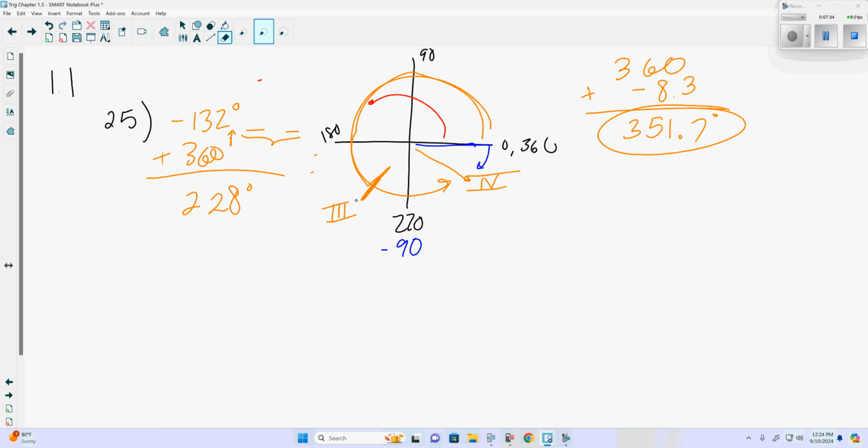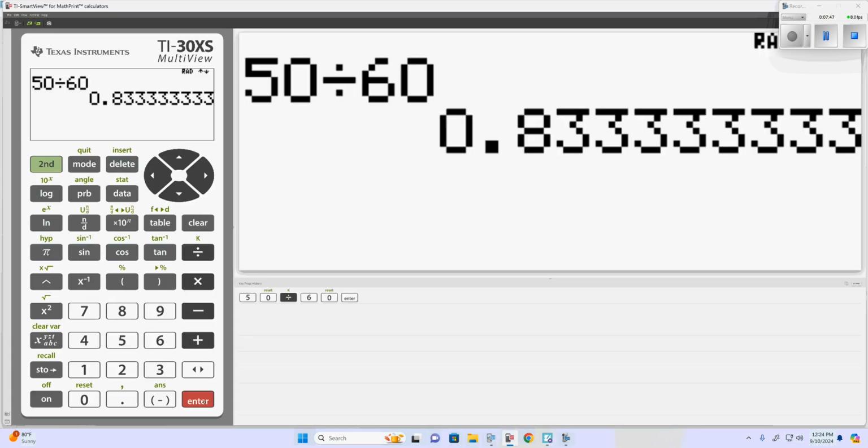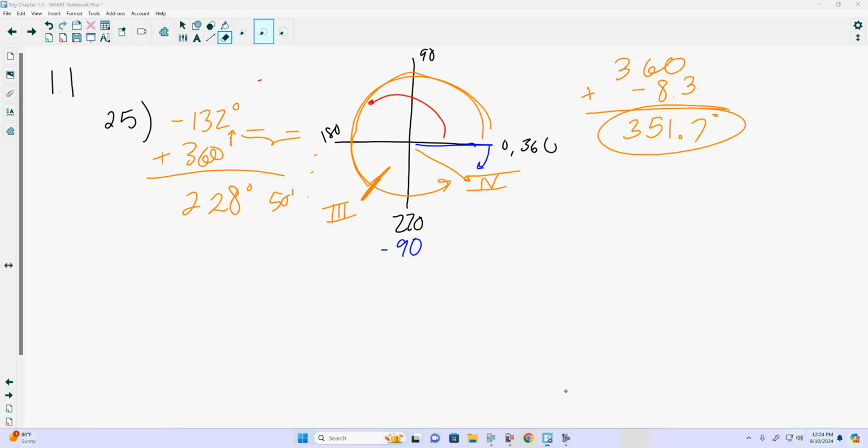Because what is the minutes? 50 minutes and how many seconds? Oh, just 50 minutes. Well, that just means we have 50 divided by 60, 0.83 repeated. So we're really saying that it's negative 132.83 repeated.